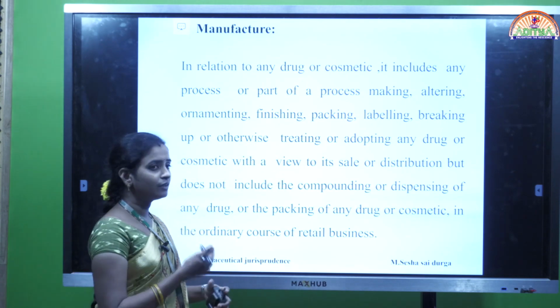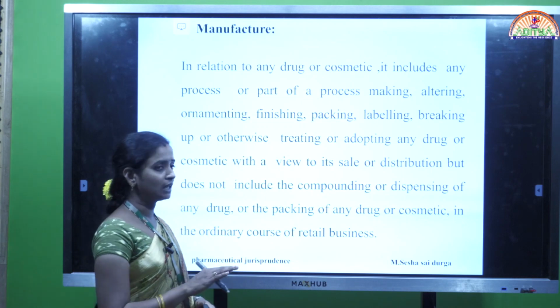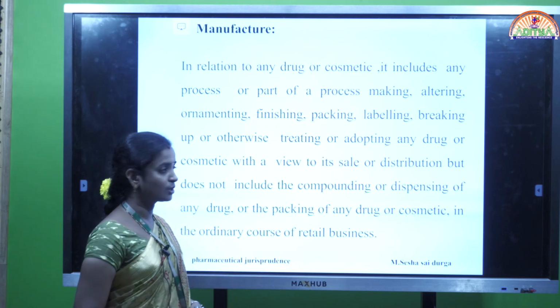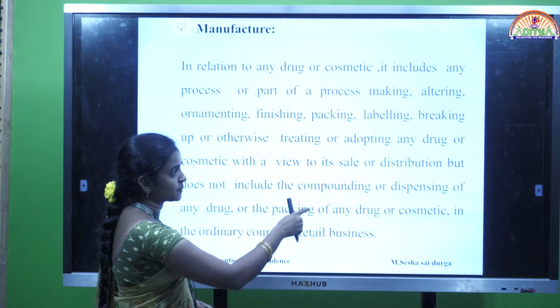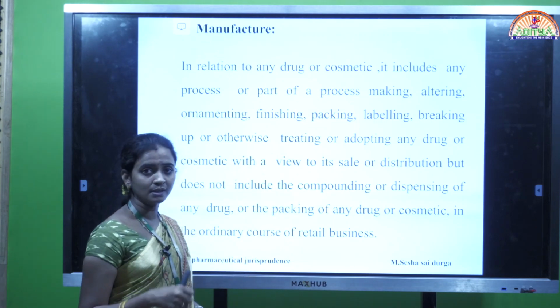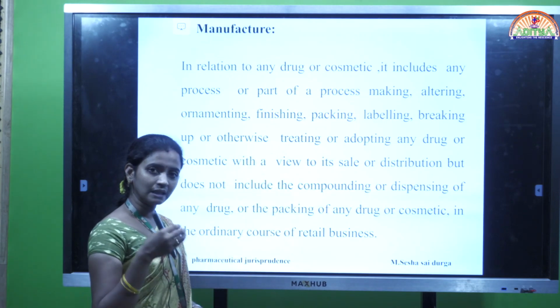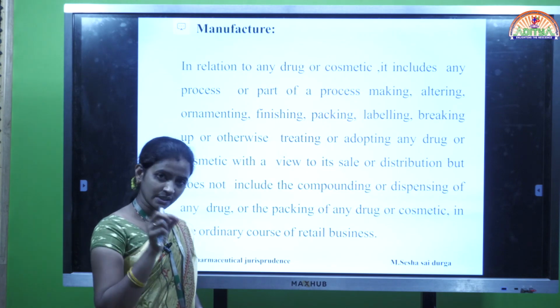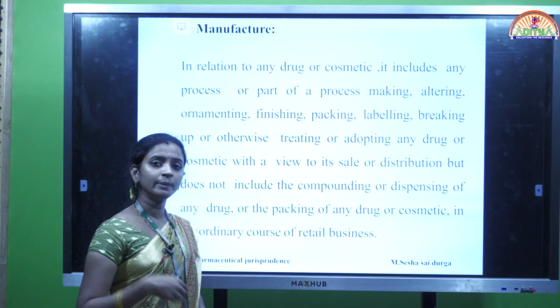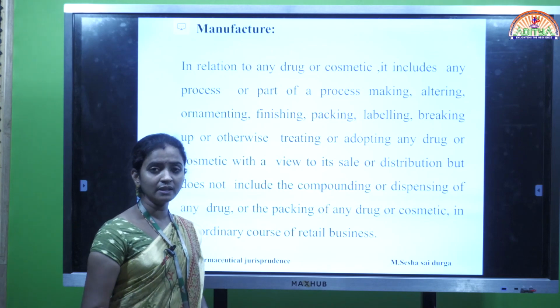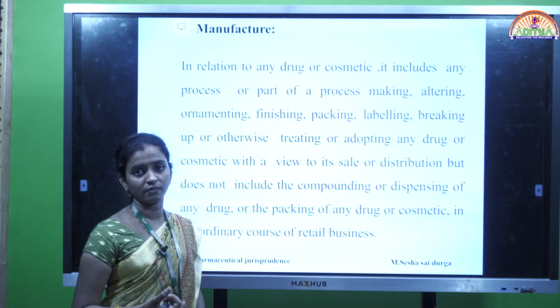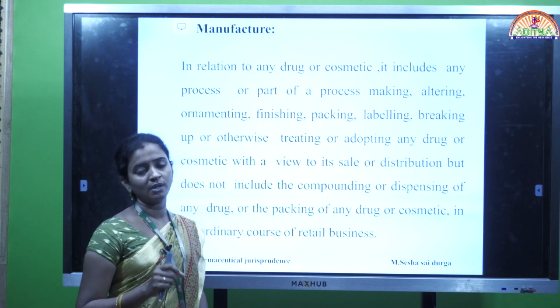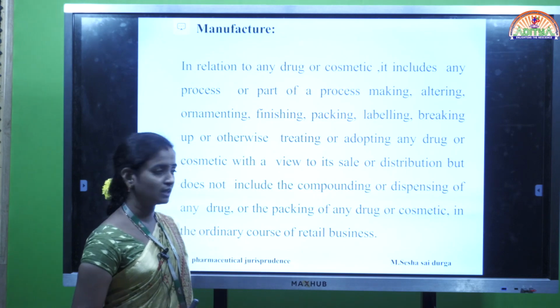So different operations are continuously going on in the manufacturing process. All the steps together we can call manufacturing, but not in the pure drug form. We take the pure drug, combine it with other ingredients, and make a specific dosage form. That making of the dosage form is what we call manufacturing here.